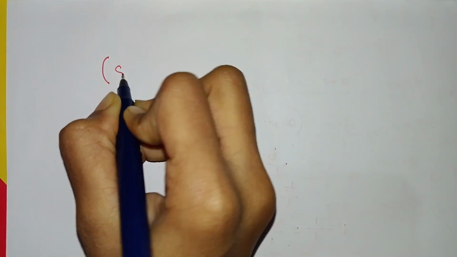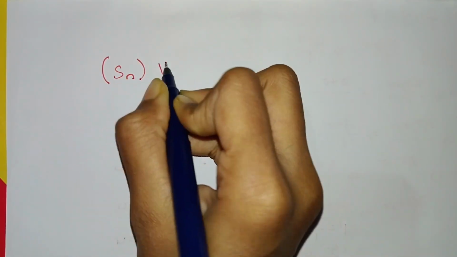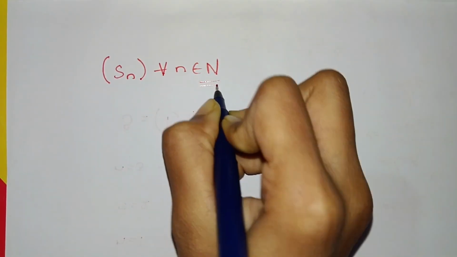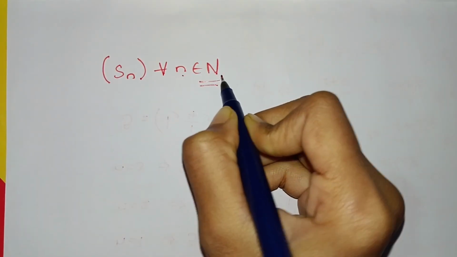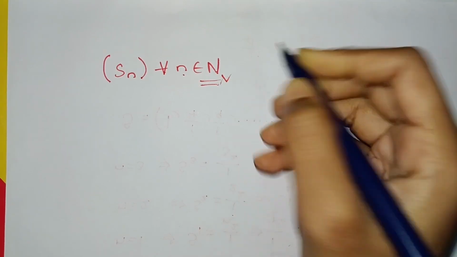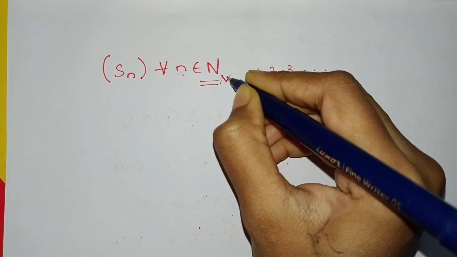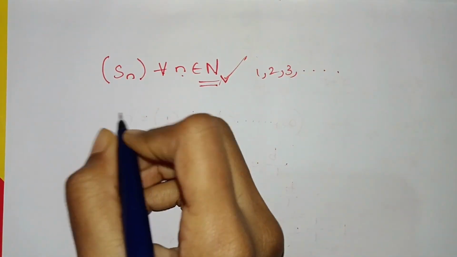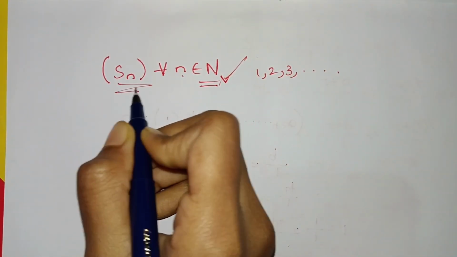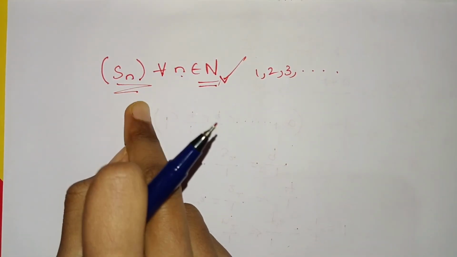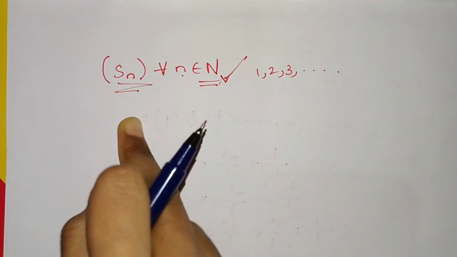So now let us consider another question, which is given like this. Sn for n belongs to natural numbers. They give us n belongs to natural numbers, which start from 1, 2, 3, and so on, right? So now we will get confused here, because they just gave us Sn, where n belongs to natural numbers.